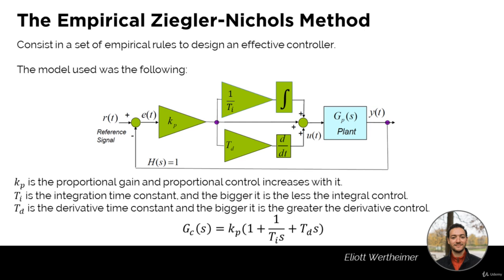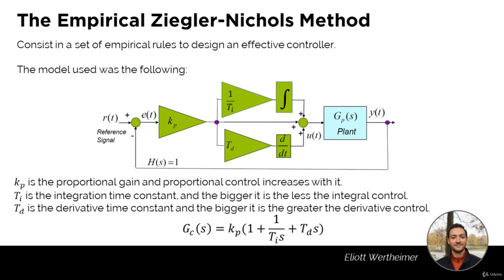Td is the derivative time constant, and it is the same as the derivative gain that we saw in the proportional plus derivative lecture. The bigger it is, the greater the derivative control.